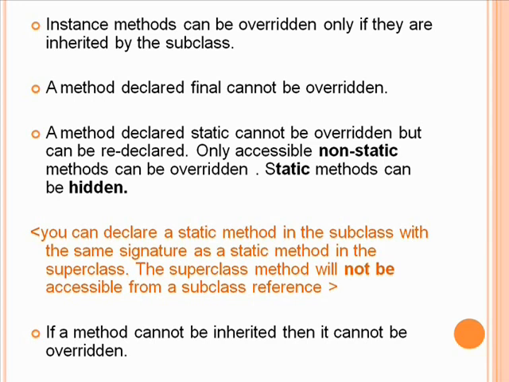Only accessible non-static methods can be overridden. Static methods can be hidden. You can declare a static method in the subclass with the same signature as a static method in the superclass. The superclass method will not be accessible from a subclass reference. And also, if a method cannot be inherited, then it cannot be overridden.